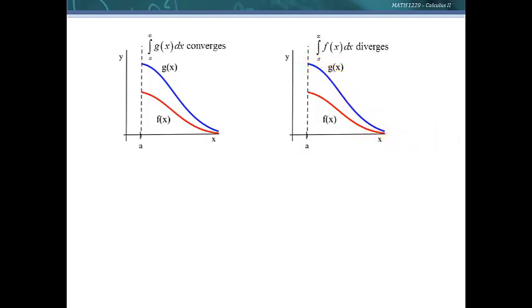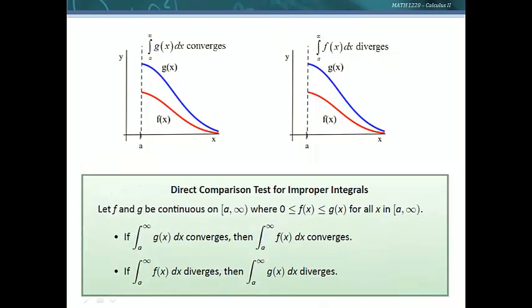So let's state these ideas formally in the direct comparison test for improper integrals. So we have two functions f and g, and they are continuous on this closed interval from a to infinity, and f of x is always greater than or equal to 0, and it's always less than or equal to g of x for all x on this interval.